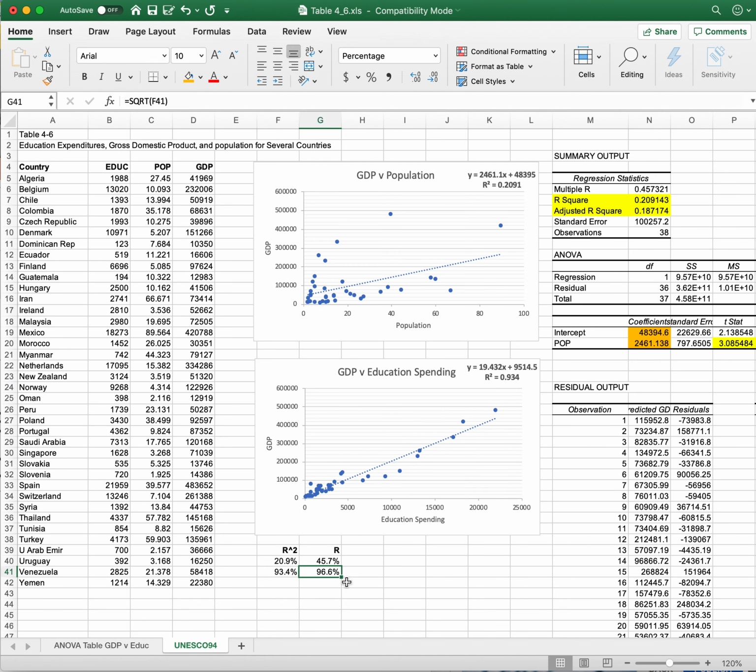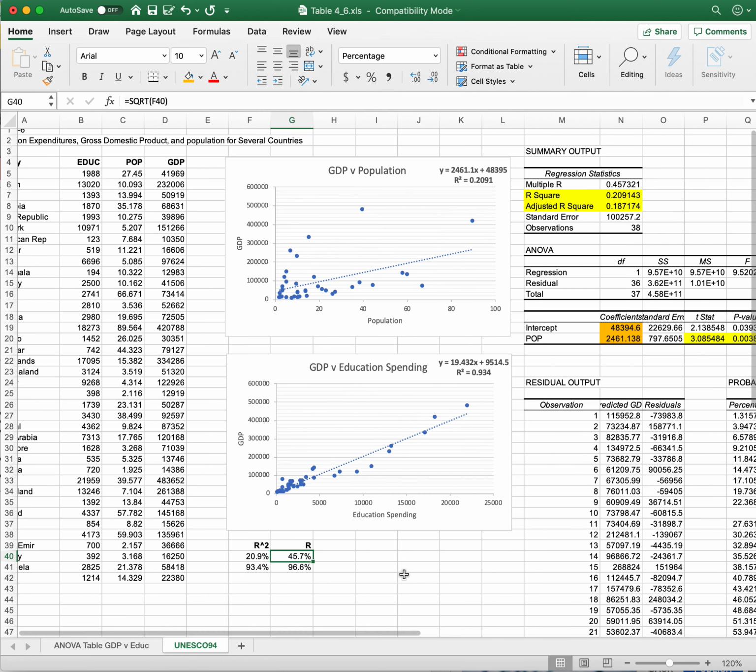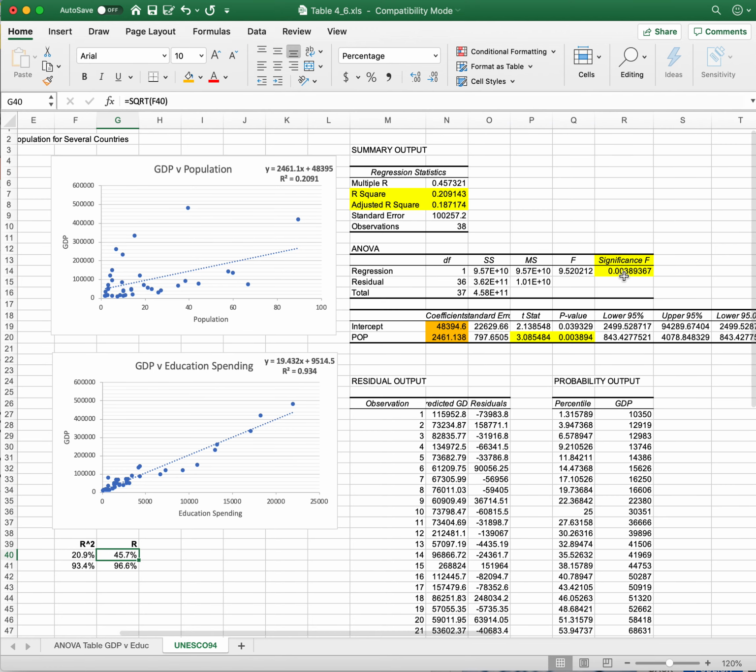The R itself, the Pearson correlation coefficient, is 96.7, which is really high. And for the other model, the correlation coefficient was only 45%. In both cases, we saw that if we did the hypothesis test on whether there is no regression model or the alternative hypothesis, there is one, and we base it whether we do it on the entire regression or just based on the slope.